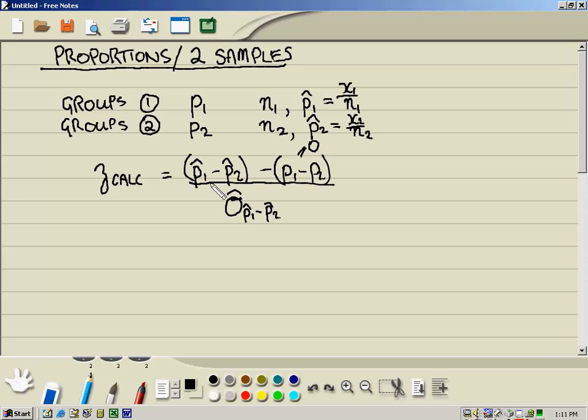Okay, so the z-calc is standard. We have a sample value, in this case a sample difference, minus a hypothesized value, hypothesized difference, divided by the standard deviation of the sample value.